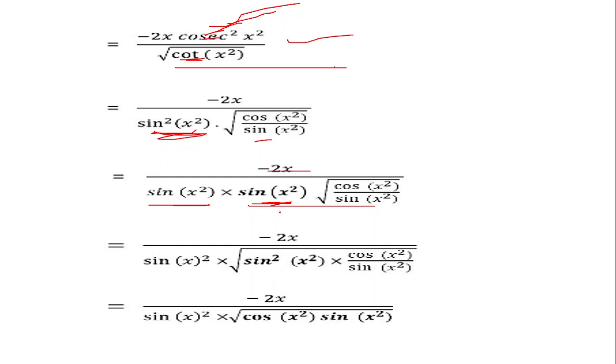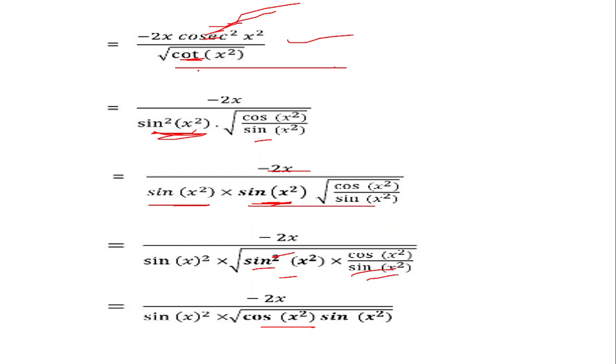So when you cancel, one sine and one sine will get cancelled. Finally I will get minus 2x by sine of x square into root of cos of x square, with one sine of x square term remaining.